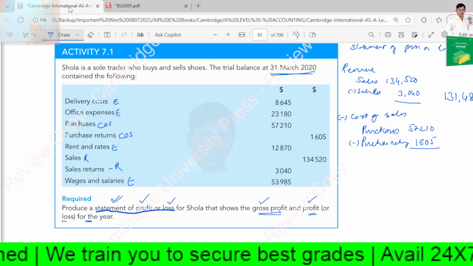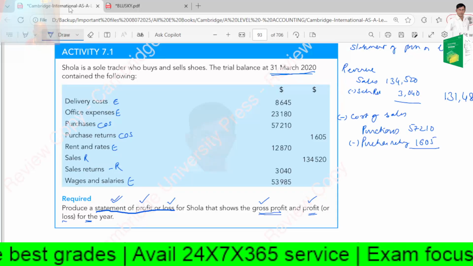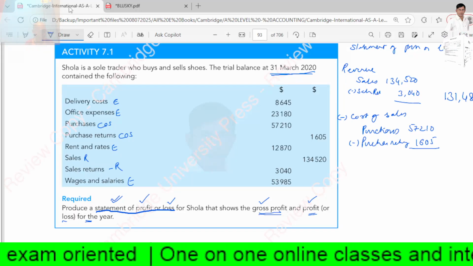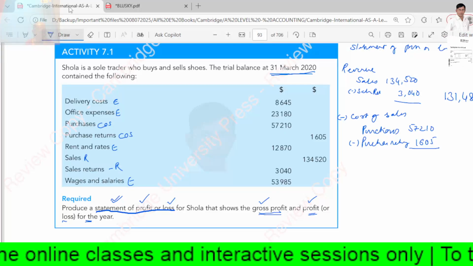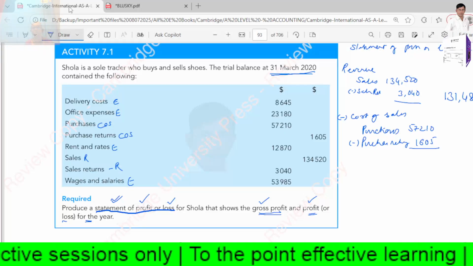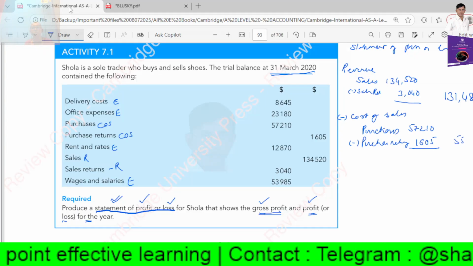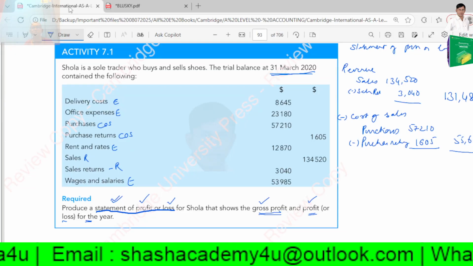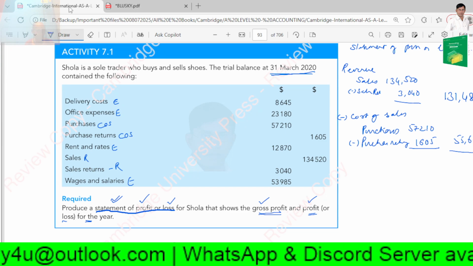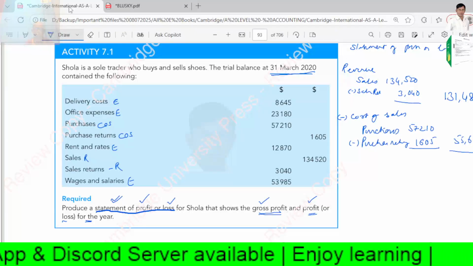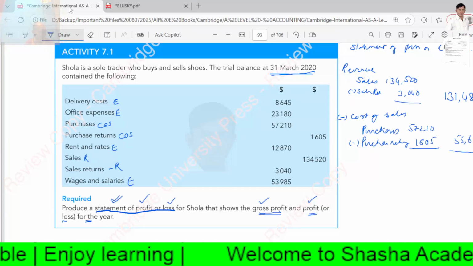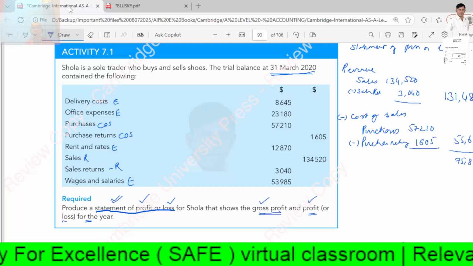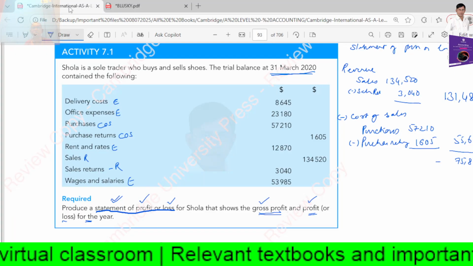So when you subtract this from this, 57210 minus 1605, 55605. So this minus this will give you 75875. So this is known as gross profit.